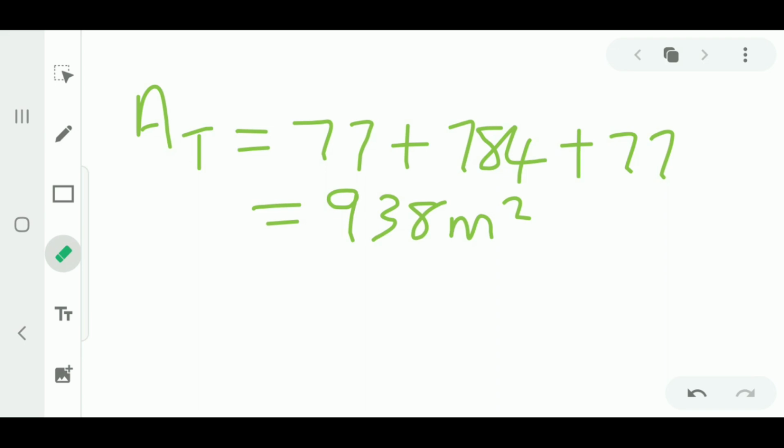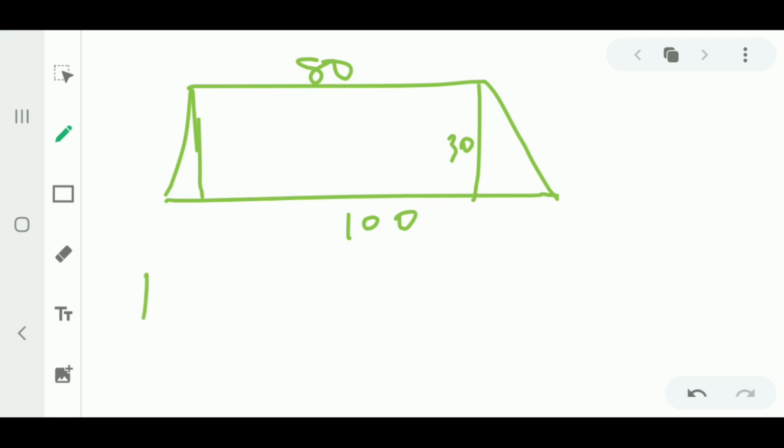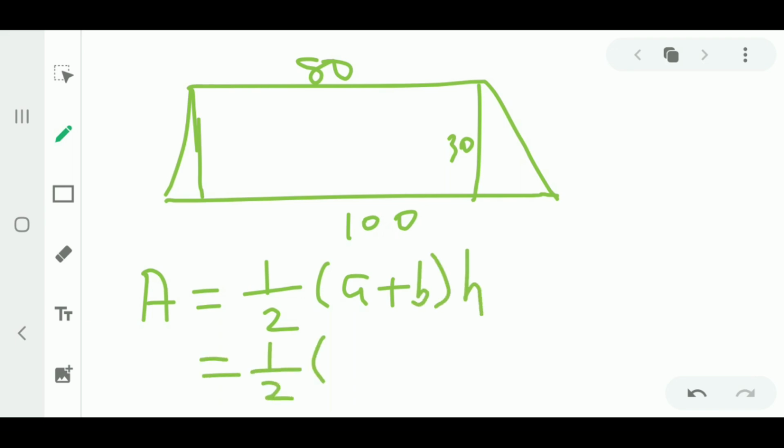Now if you looked closely, you would realize that the outer part was a trapezium. The formula we use for the area of the trapezium is half times a plus b, times h, which is half times a, which is 80, plus b, which is 100, times h, which is 30.